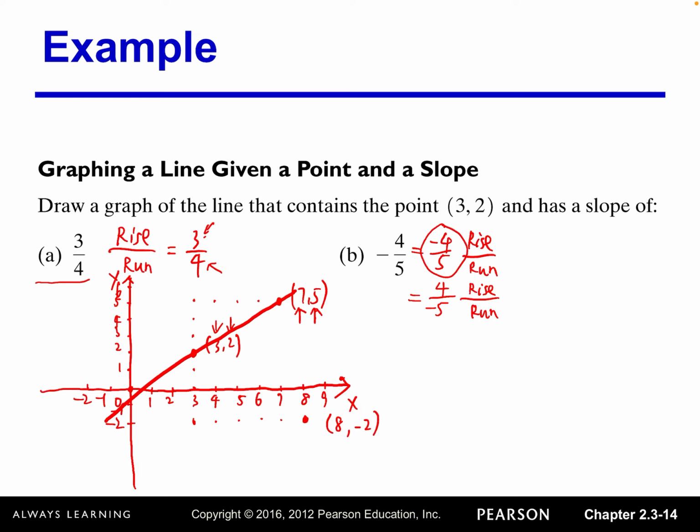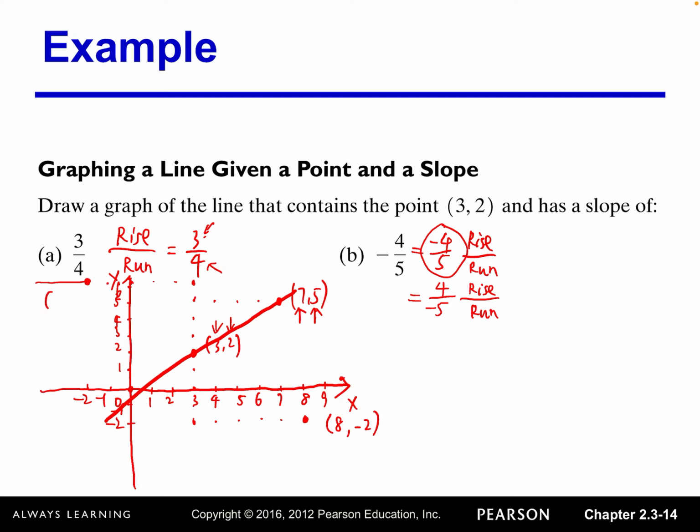What if we consider the rise is +4, run is -5? Let's see. Rise +4, 1, 2, 3, 4. We got here. And then run -5, 1, 2, 3, 4, 5.